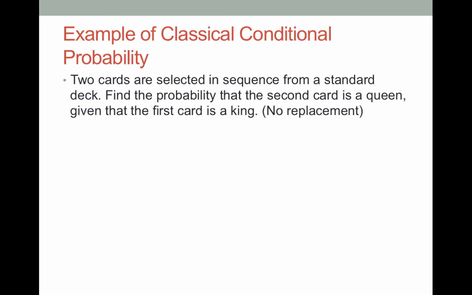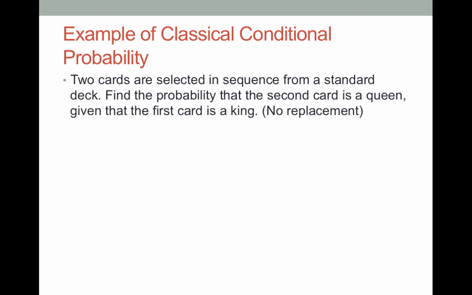All right, so let's go through a couple of classical conditional probability examples. Two cards are selected in sequence from a standard deck. Find the probability the second card is a queen given that the first card is a king with no replacement, meaning you've got a king in your hand, I deal you a card, what's the probability that second card is a queen?